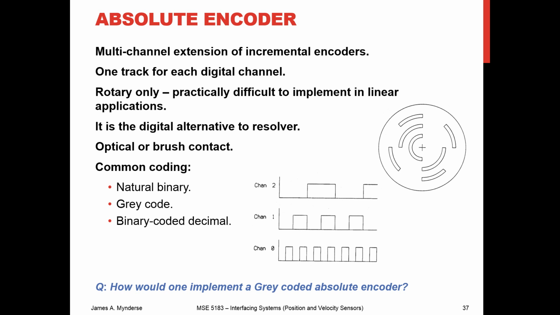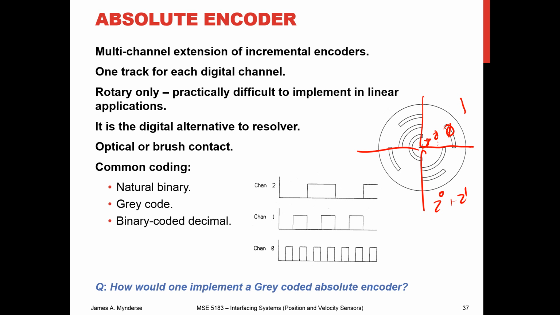So if you look at this one, and we label our tracks, let's call them 0, 1, and 2 from the outside, then you notice that this whole quadrant here is going to have a value of 1. This one here is going to be 2 to the 0 plus 2 to the 1.